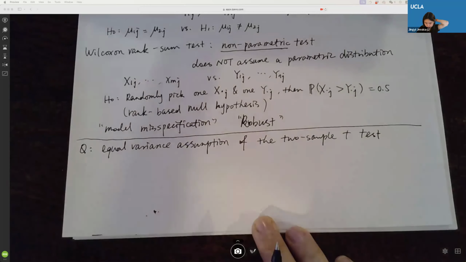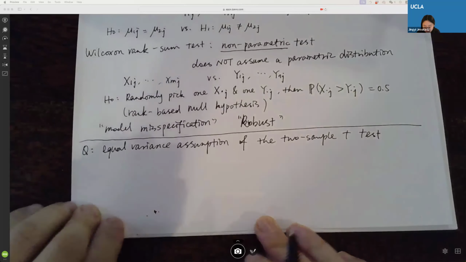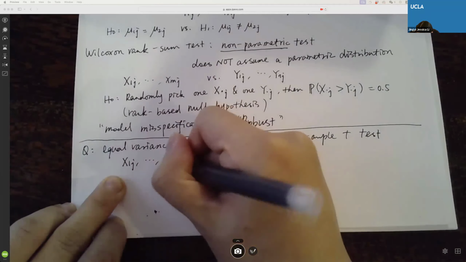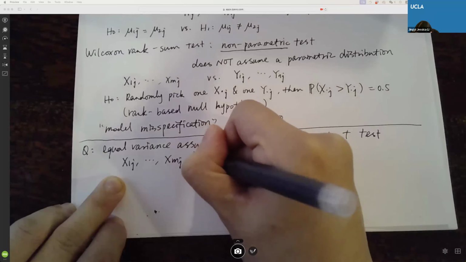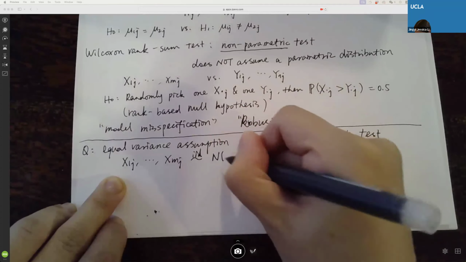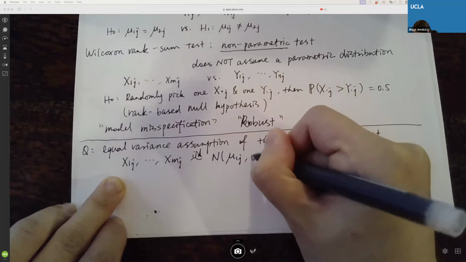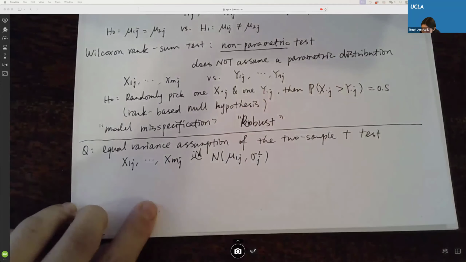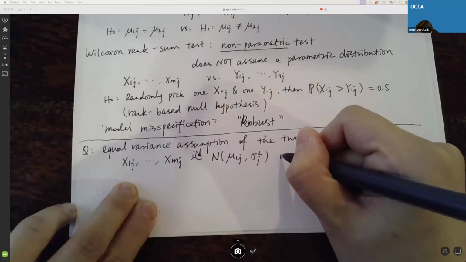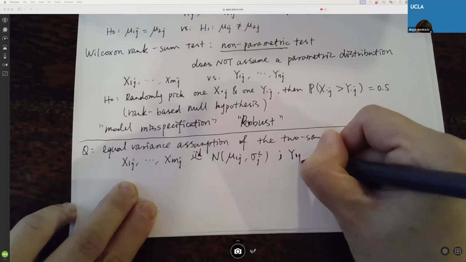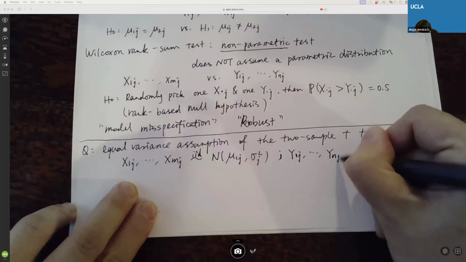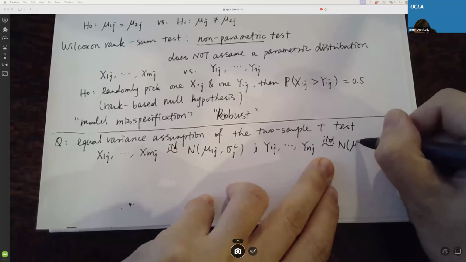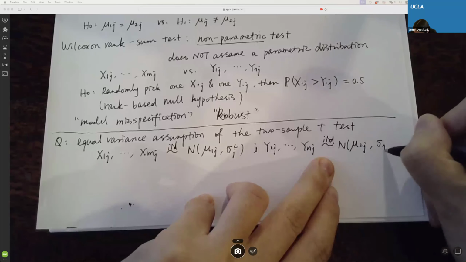Okay, so for this, if we just write it out again, it is assuming that x1j to xmj are IID, normal mu1j, variance sigma j squared. So we still have to carry j for gene j. While y1j to ynj are IID, normal distribution mean mu2j, sigma j squared.